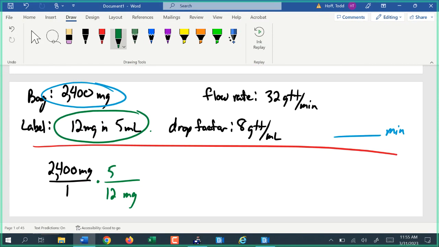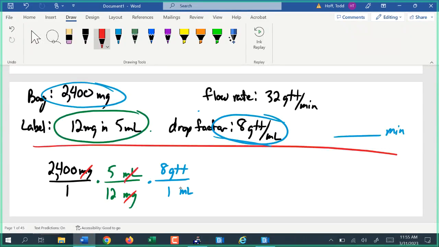So put the milligrams on bottom so they cancel out, and the 5 milliliters on top. So the milligrams cancel. We now have milliliters as our only units. We want to get rid of those as well. The only thing we have with milliliters up here is the drop factor. So I'm going to put milliliters on bottom so they'll cancel. 1 milliliter is equal to 8 drops here. So the milliliters cancel out.